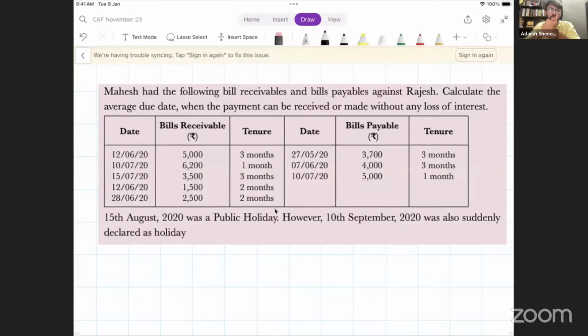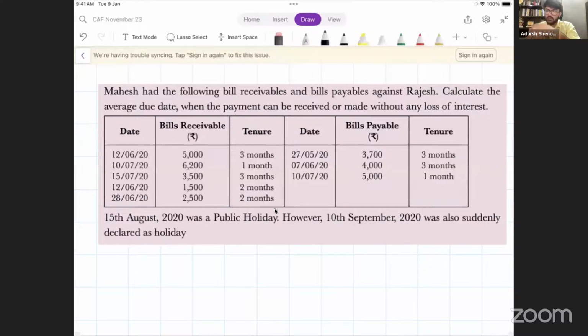Okay. So here also it is a similar question, but the only thing that happens over here is, see, Mahesh has the following bills receivable. How many bills receivable are there for Mahesh? There are five bills receivable for Mahesh from Rajesh. Okay, and there are also bills payable from Mahesh to Rajesh. So there are three bills payable. So here there are both.